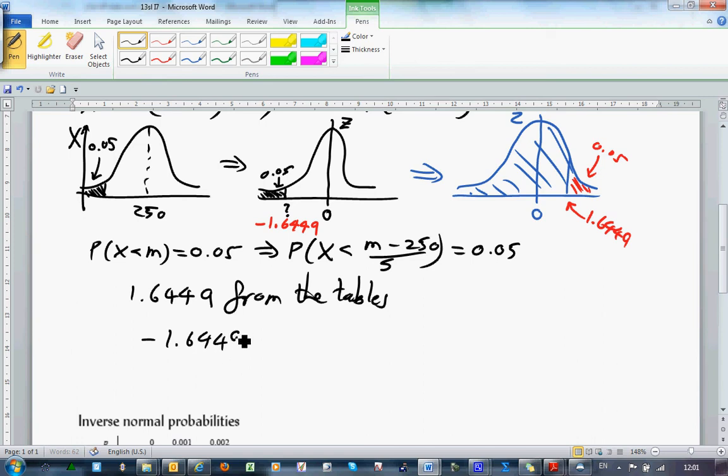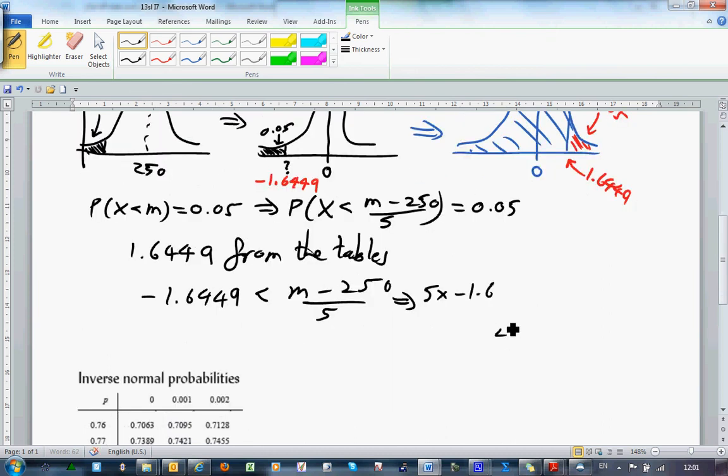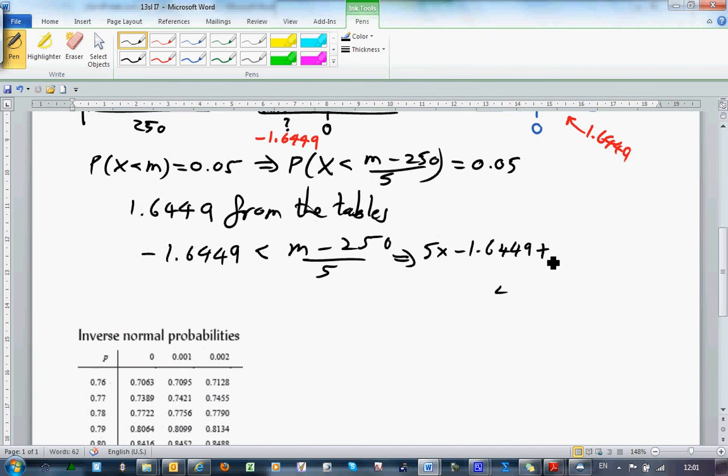Now if we rearrange that, then we've got 5 lots of negative 1.6449 added to 250 is less than m, which gives a value of m being bigger than 241.7755.